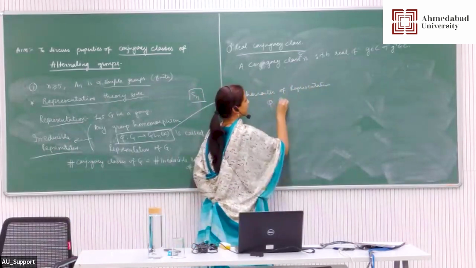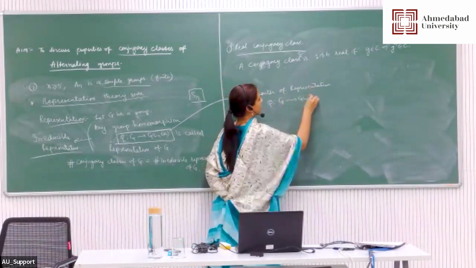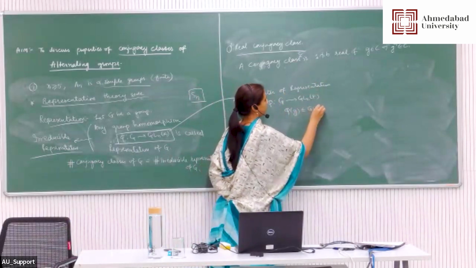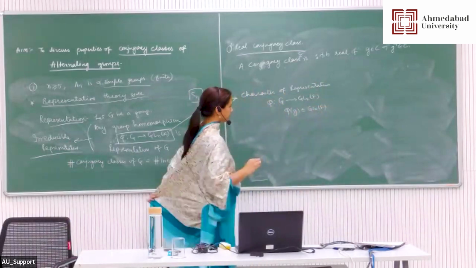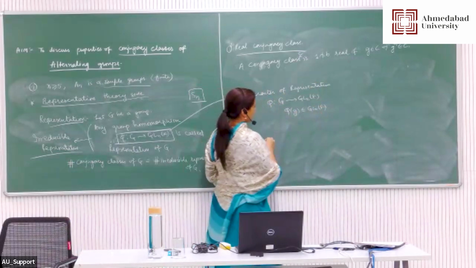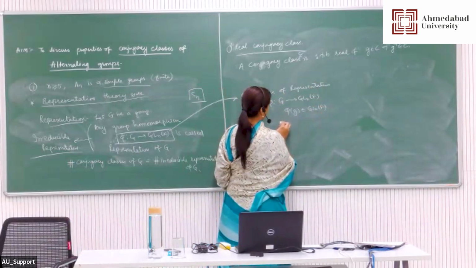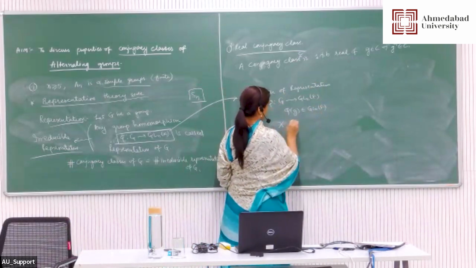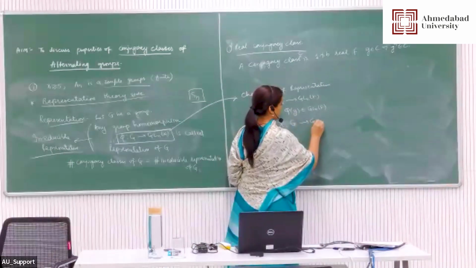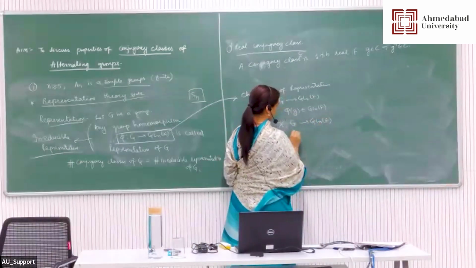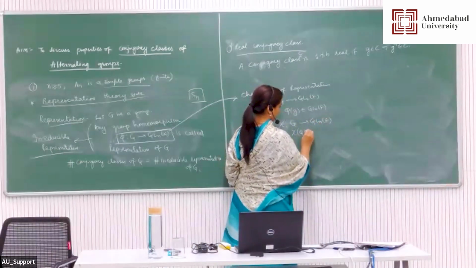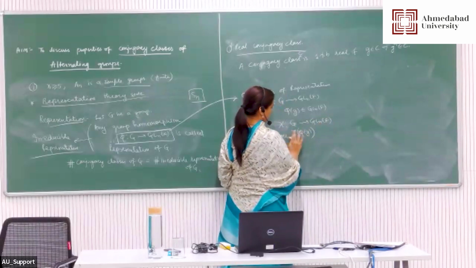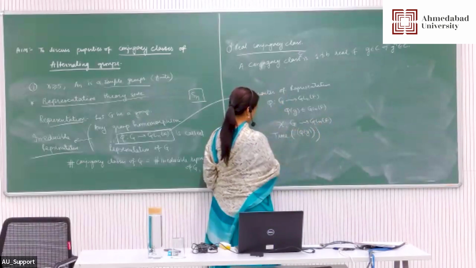Suppose phi is a representation from G to GL_n(F). Then phi(g) belongs to GL_n(F). Then the character is a map chi_phi from G to F, and chi_phi(g) is basically the trace of this matrix.